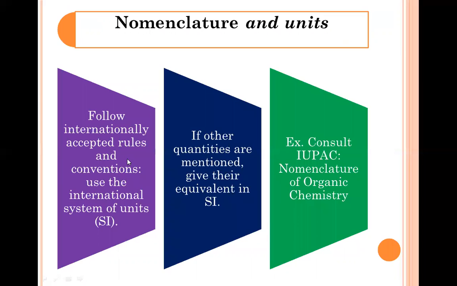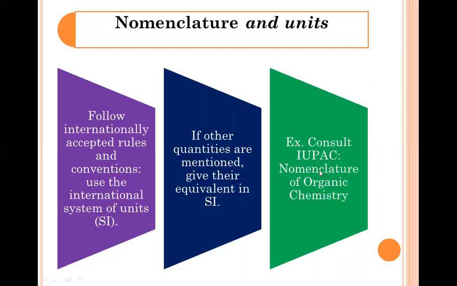Now, as far as science is concerned, be very careful with the nomenclature and units. What is the nomenclature, the naming system, I have to use for chemistry or physics or inorganic chemistry or botany or zoology or mathematics? Please understand, you should follow the internationally accepted rules and conventions. For example, for chemistry nomenclature, a very popular standard is from the International Union of Pure and Applied Chemistry.